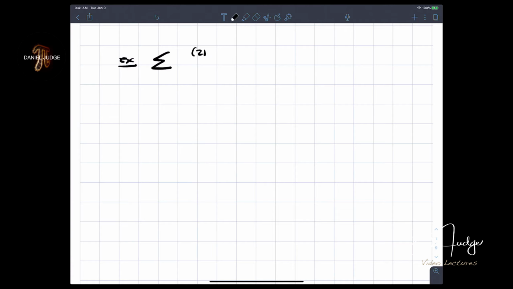Sum of (2k minus 1) times (k squared minus 1), everything over (k plus 1) times (k squared plus 4) squared.